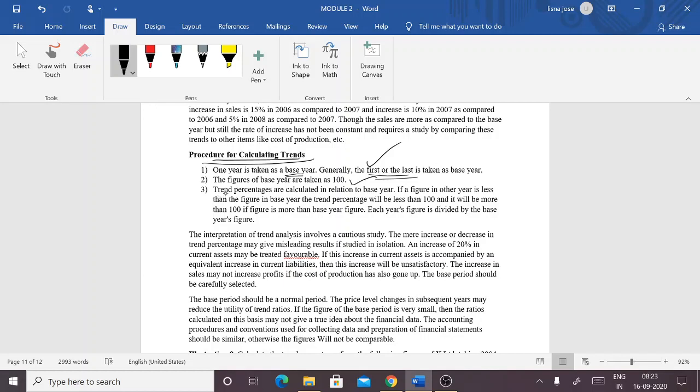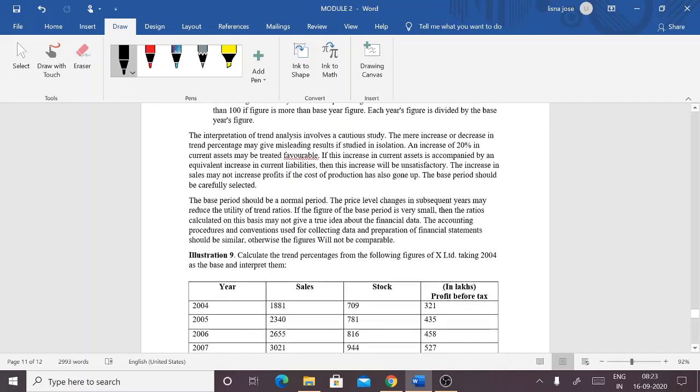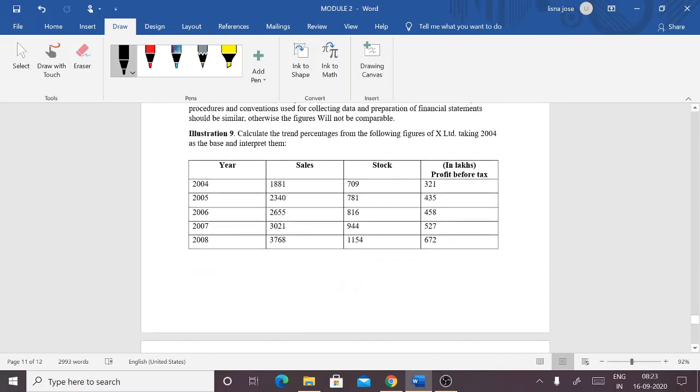Then in the third step, the trend percentage is calculated in relation to the base year. Based on this we will say whether the trend is increasing or decreasing. We will work out one problem, and from that you will get an idea about how we can calculate the trend of a certain item.